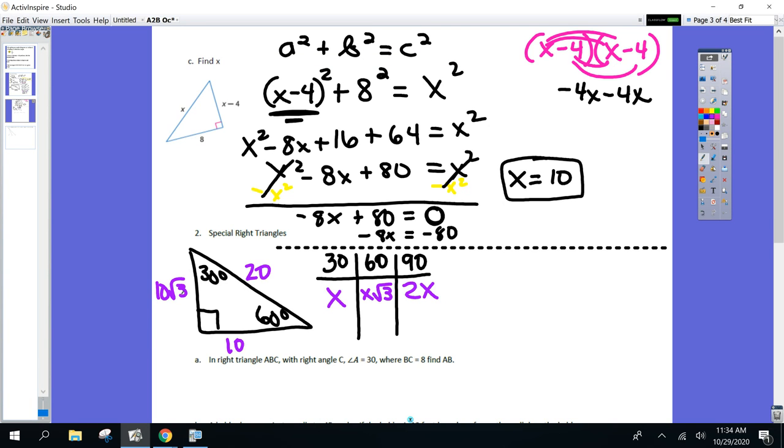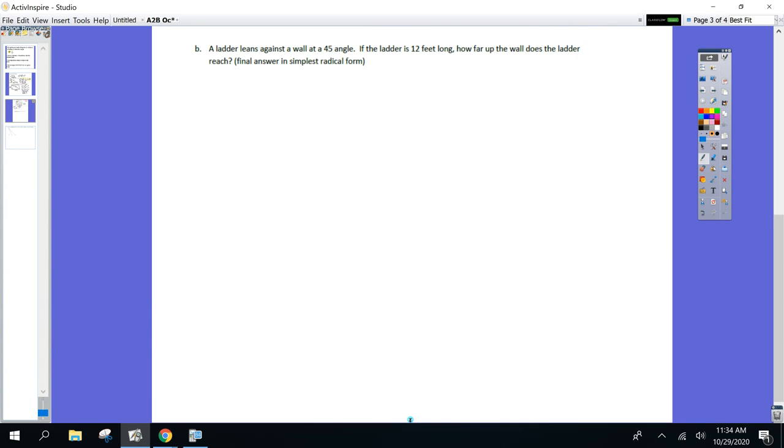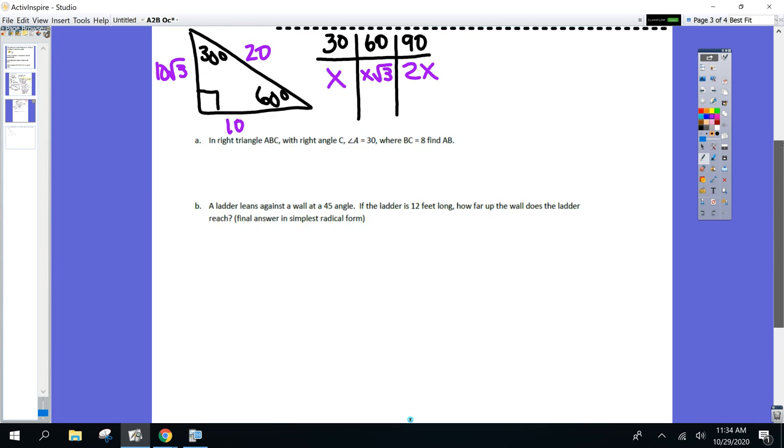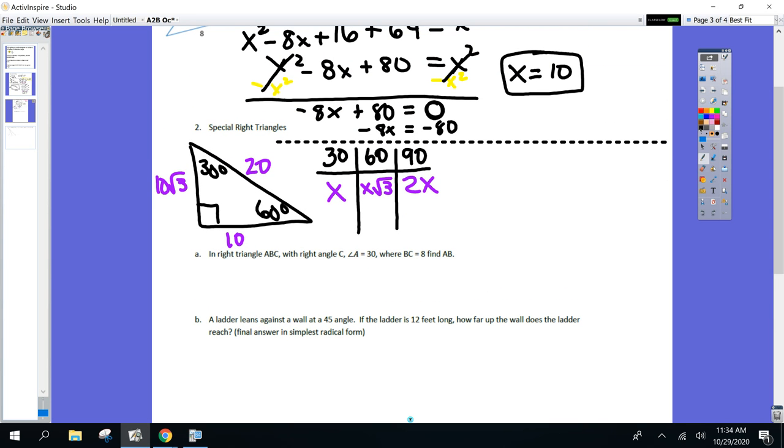Okay, part A. Go ahead, draw yourself a right triangle. It tells you the right angle is at C again. It does not matter where you put A and B, it will not affect the problem, but C has to be where the right angle is.